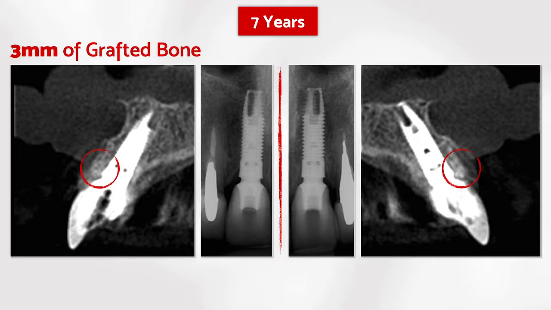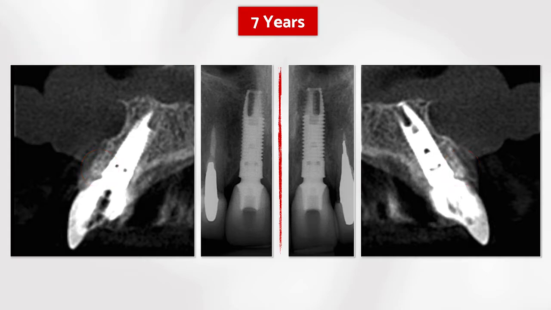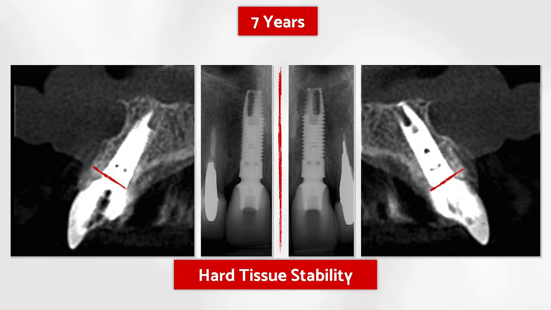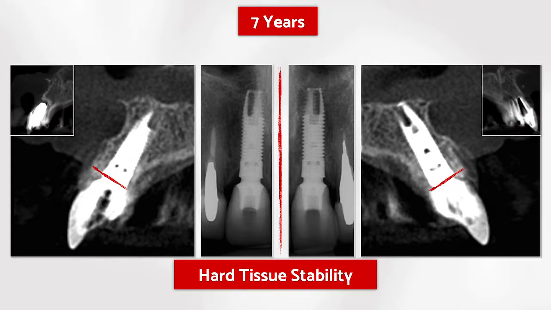So we still have the 3 millimeters of grafted bone, new buccal wall in both central incisors, and the bone graft that was placed above the implant platform still remains in the same position. So we got hard tissue stability. Just to keep in mind how everything started, we had the buccal bone wall loss in both central incisors.